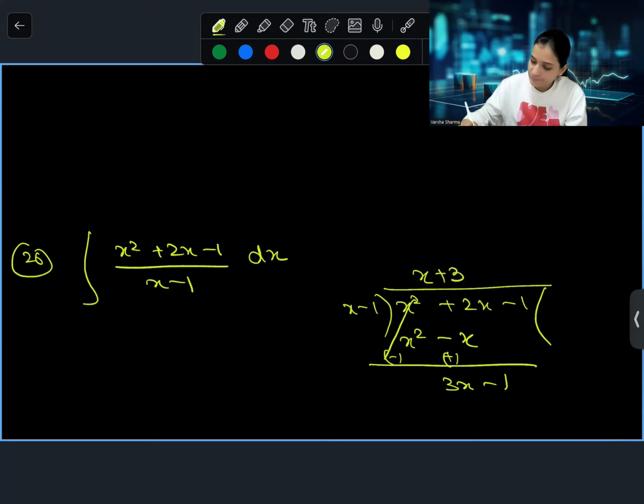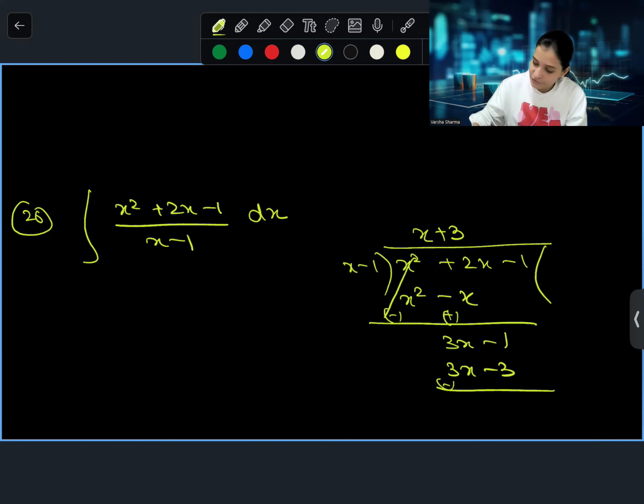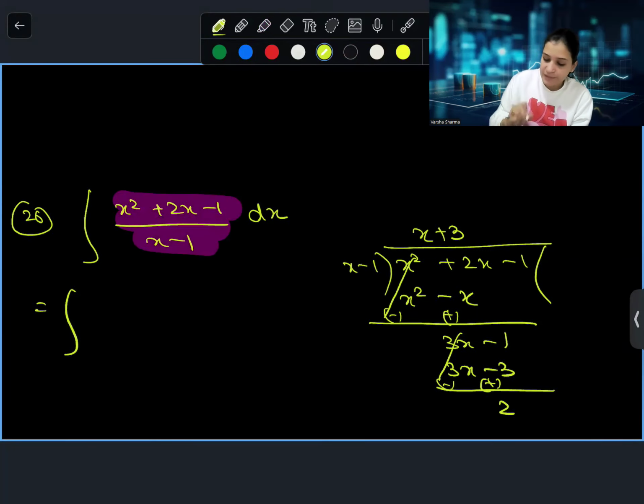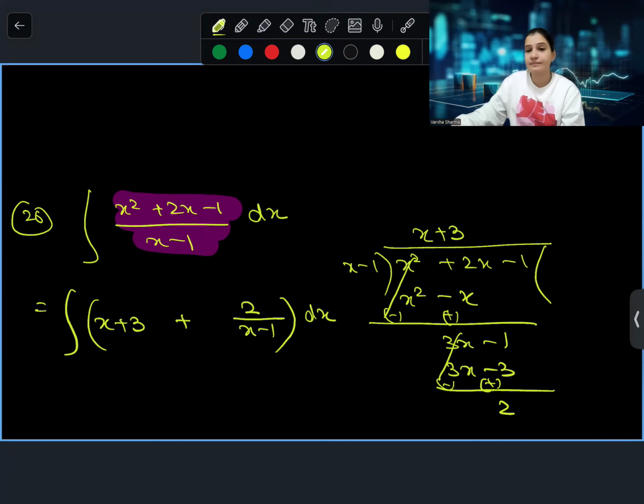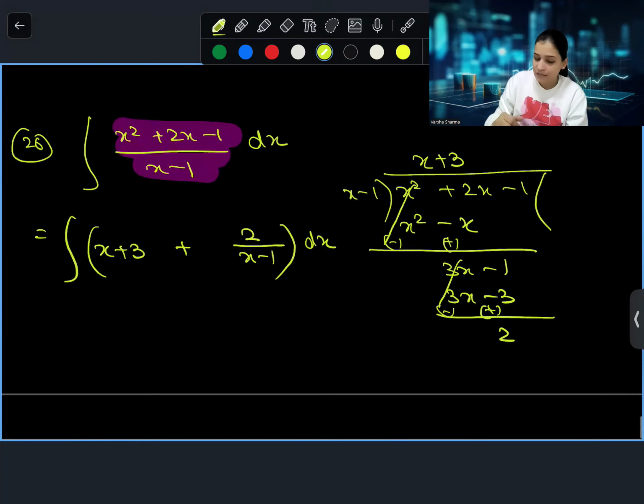So plus 3, 3x minus 3, sign change. So this entire fraction can be written as quotient plus remainder by divisor. Understood, everyone? Yes, ma'am. Now this can be integrated very easily.